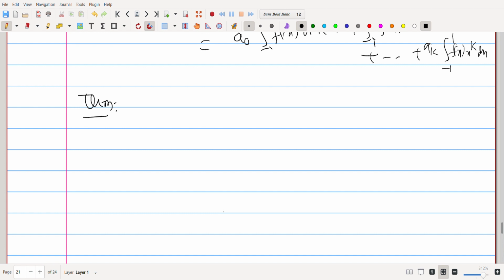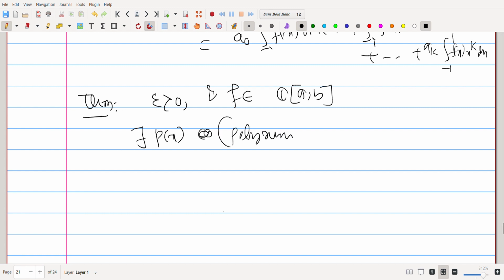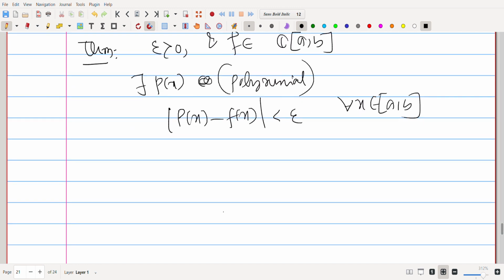So the theorem, a very important theorem, is Weierstrass's approximation theorem. What the theorem says is that for any epsilon greater than 0 and any continuous function f on some closed bounded interval [a, b], there exists a polynomial p(x) such that the absolute value of p(x) minus f(x) is less than epsilon for all x in [a, b].